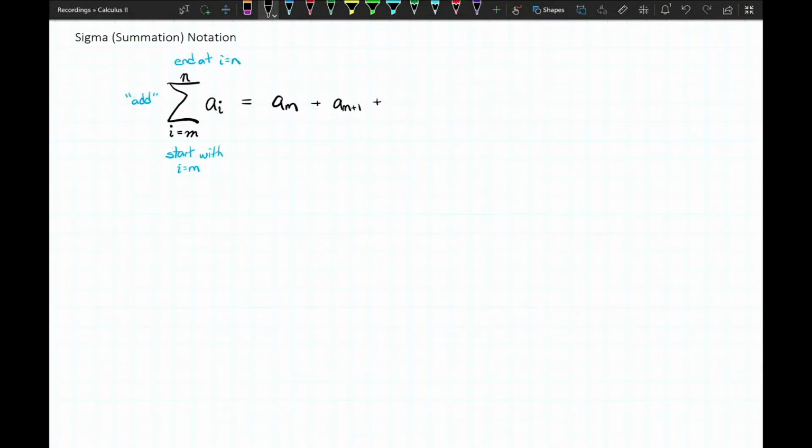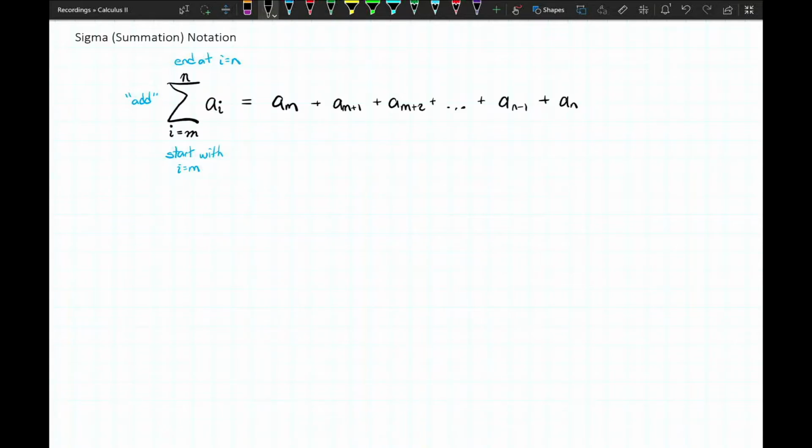And increment for the third term, i equals m plus 2. The fourth term, now we will have added 3 onto m and so forth, and we'll eventually get to our second to last term, which will be 1 less than n. So in this case, i is n minus 1. And our last term will stop when we reach a sub n. This is the definition of summation notation, or sigma notation.